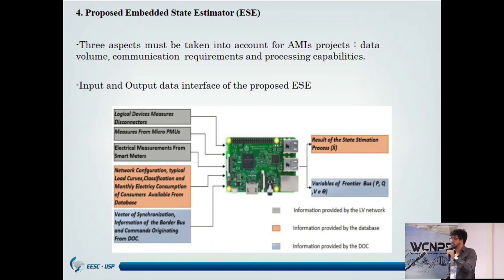This is the proposed embedded state estimator, where three aspects must be taken into account for AMI projects: data volume, communication requirements, and processing capabilities. The figure shows the parameters of input and output for the embedded state estimator.